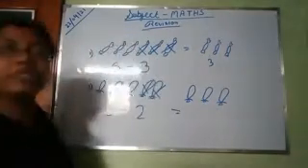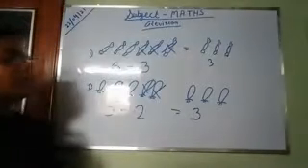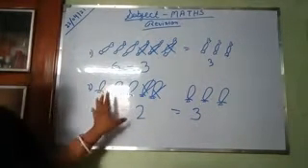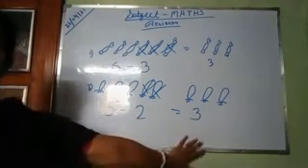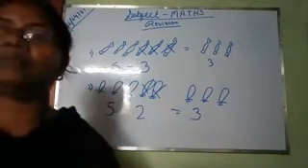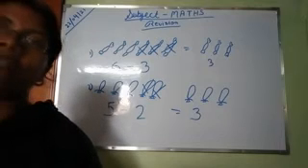So 3 will be the answer. Understand? The total number of things, out of that, how many are left? That will be the minus. Okay. So I think you understand plus and minus very well. This is for all. Thank you.